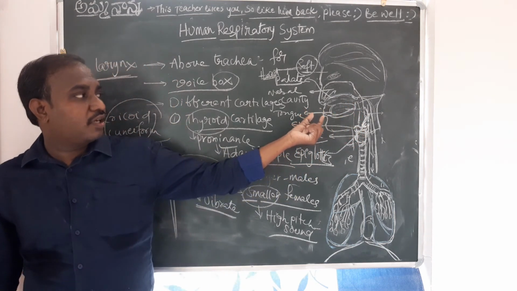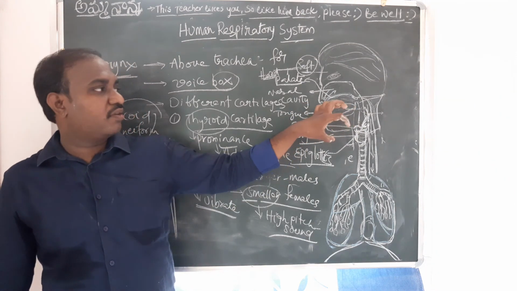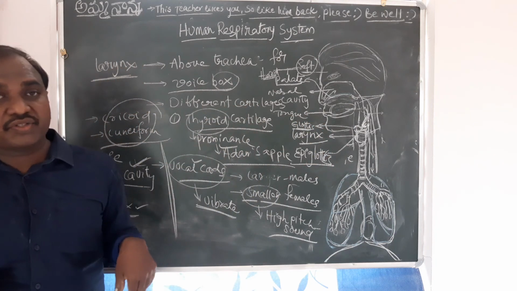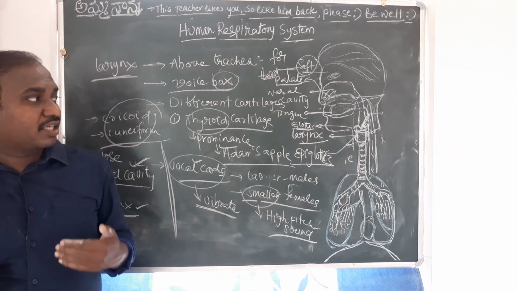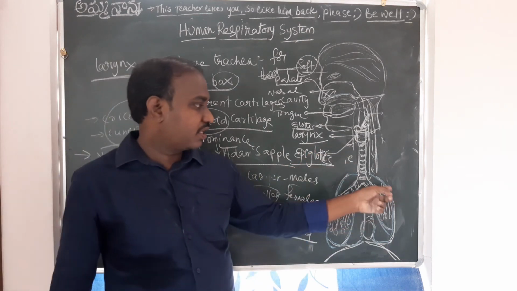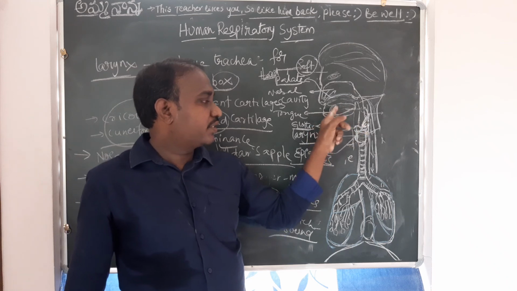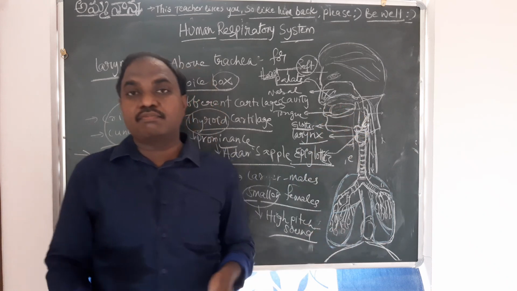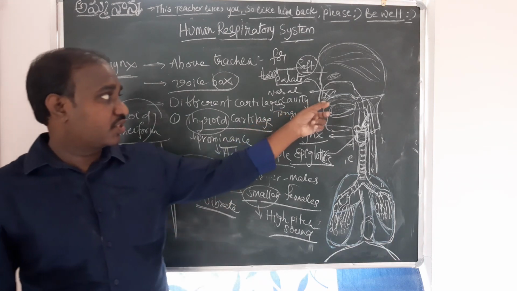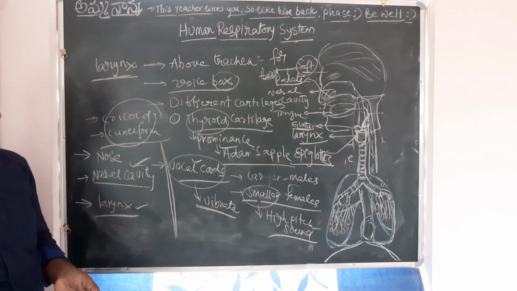But when you take the oral route, you don't have all this protective apparatus. So whatever substances are there in the air are directly taken to the lungs, and there can be harmful effects to the lungs. The breathing can get affected if you constantly take air through the mouth, which is not advised. So that is the important function of the nasal cavity and the larynx.